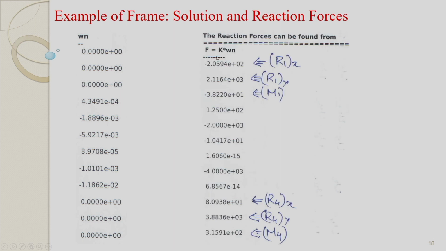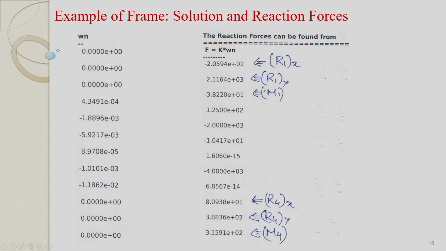If you do this K times U, then this is your reaction force at node 1 in x direction, this is reaction force at node 1 in y direction, and this is the reaction moment at the fixed support of node 1. The similar reaction components at node 4 correspond to this 10th, 11th and 12th position.